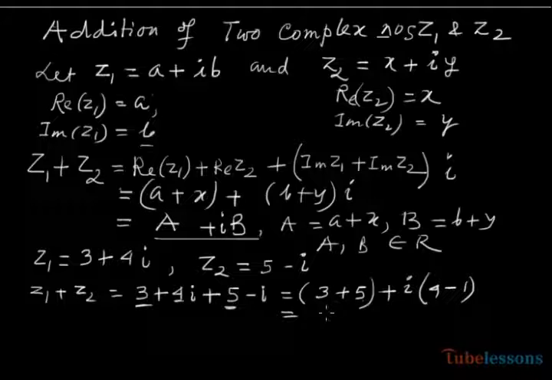Now 3 plus 5 is 8, minus 3i. So 8 plus 3i. It is in the form a plus ib. So this belongs to C.